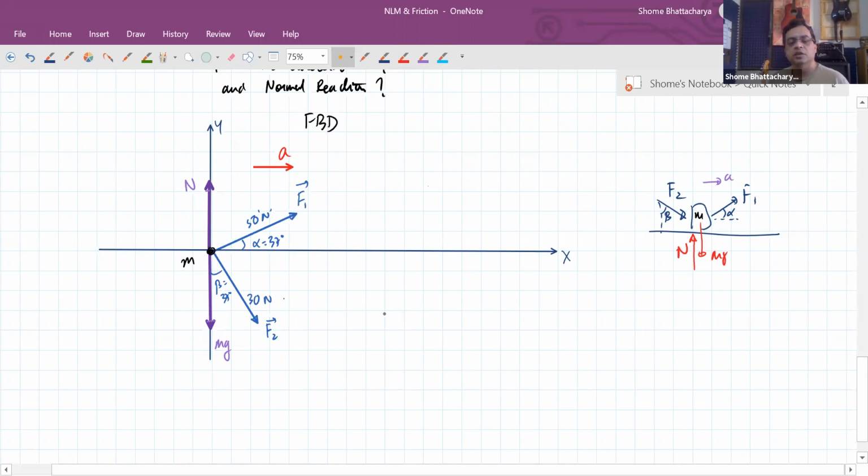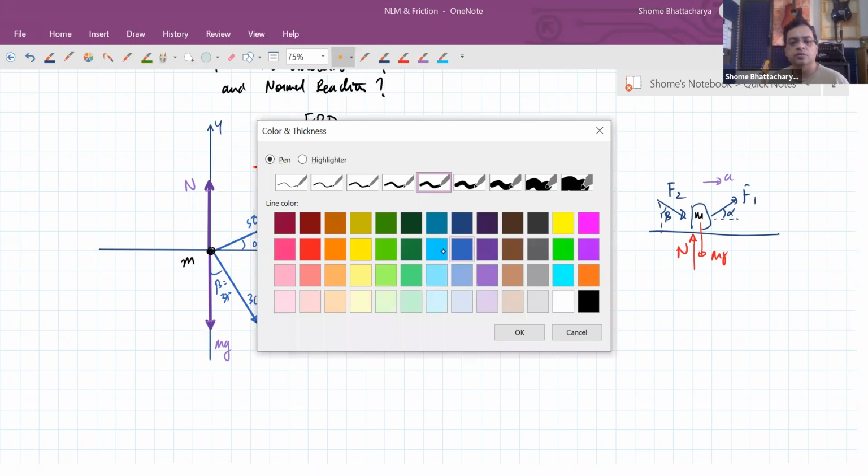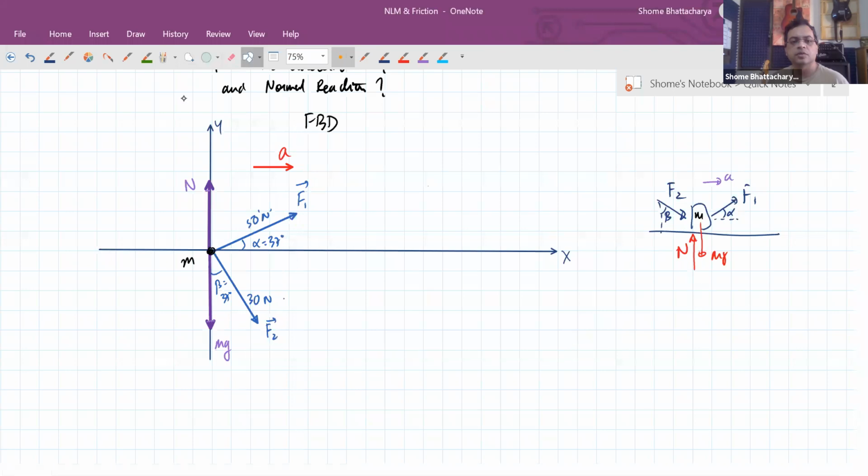Okay. Next, what we want to do is resolve the forces. We will resolve these two forces to begin with, F1 and F2. F1's component along the x-axis and F1's component along the y-axis will become F1 cos alpha, and this one will become F1 sin alpha. So F1 is resolved. Okay, so we can remove F1 from the analysis now.